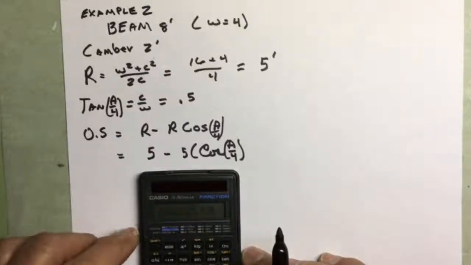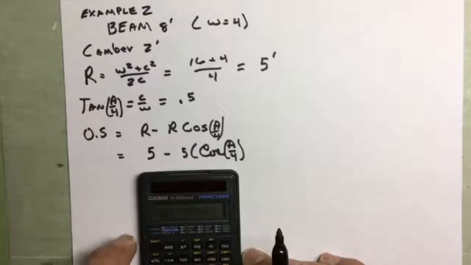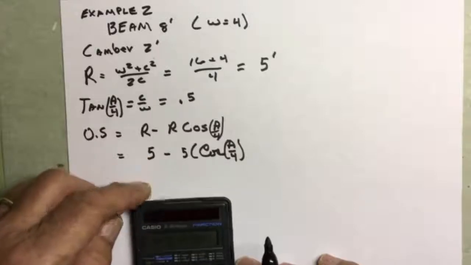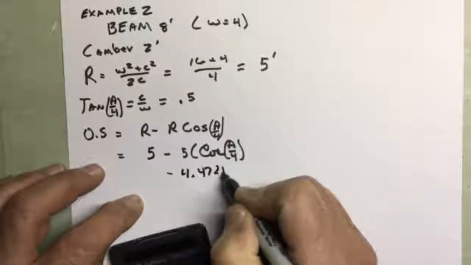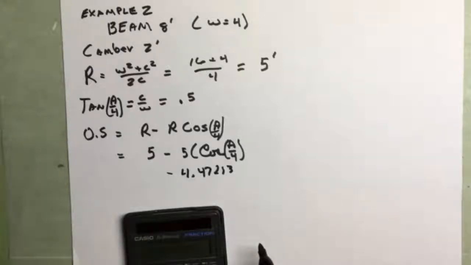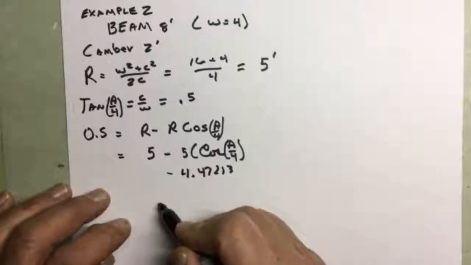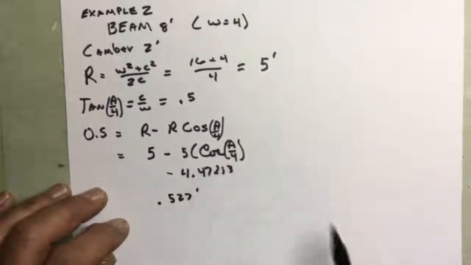So that angle is 26.56 degrees, and then we'll find out what the cosine of that angle is. It's 0.8944, and then we'll multiply that by R, which is 5. And we get 4.47213. We'll subtract that from 5. And we get the answer of 0.527 feet.